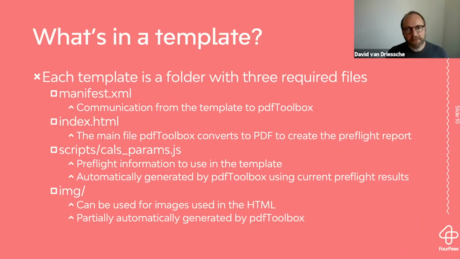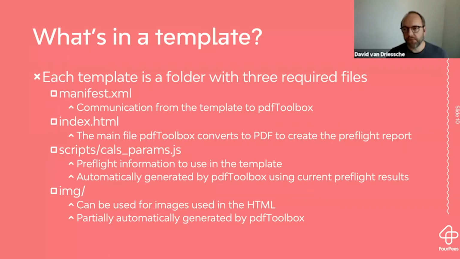And then the last bit is there is an image folder. Well, there doesn't have to be an image folder, but when you use this template, pdfToolbox is automatically going to create an image folder for you, and it is going to put some images in there if you ask for them. This manifest.xml allows you to ask for preview images.